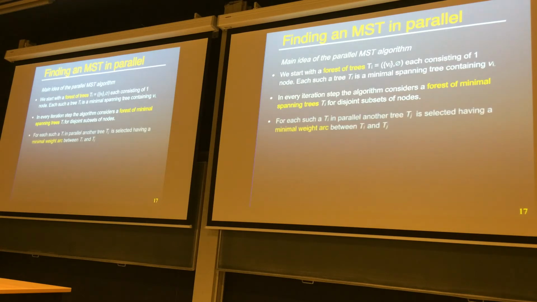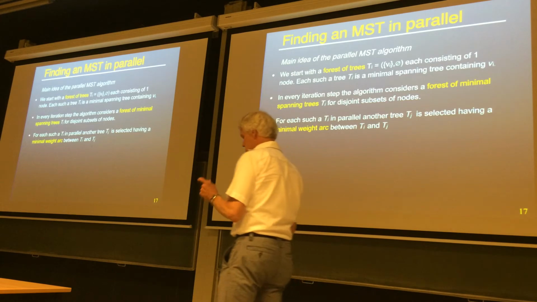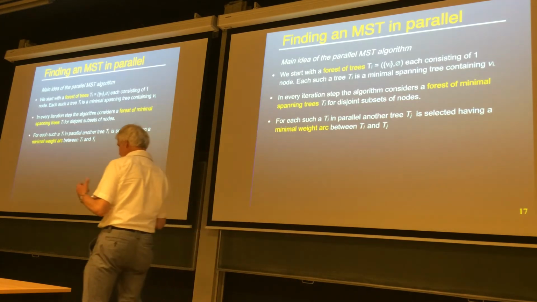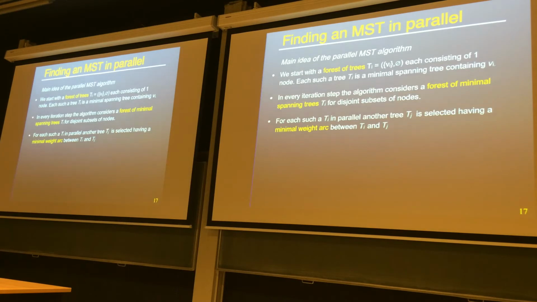And what you now do is you check for each pair of those minimum spanning trees, considering them as partition blocks, so disjoint blocks of nodes and edges, the connection for each spanning tree in parallel with respect to another spanning tree, that edge with minimum cost that connects them.